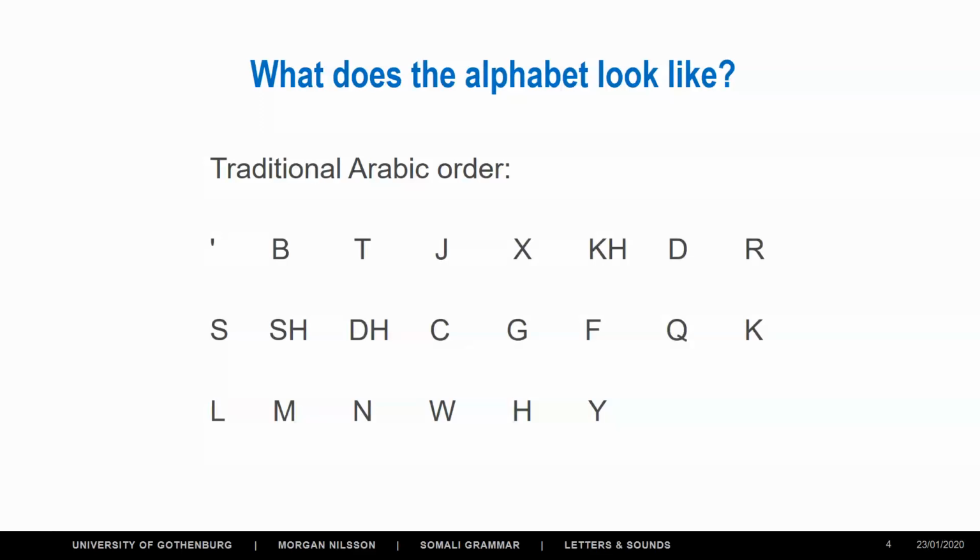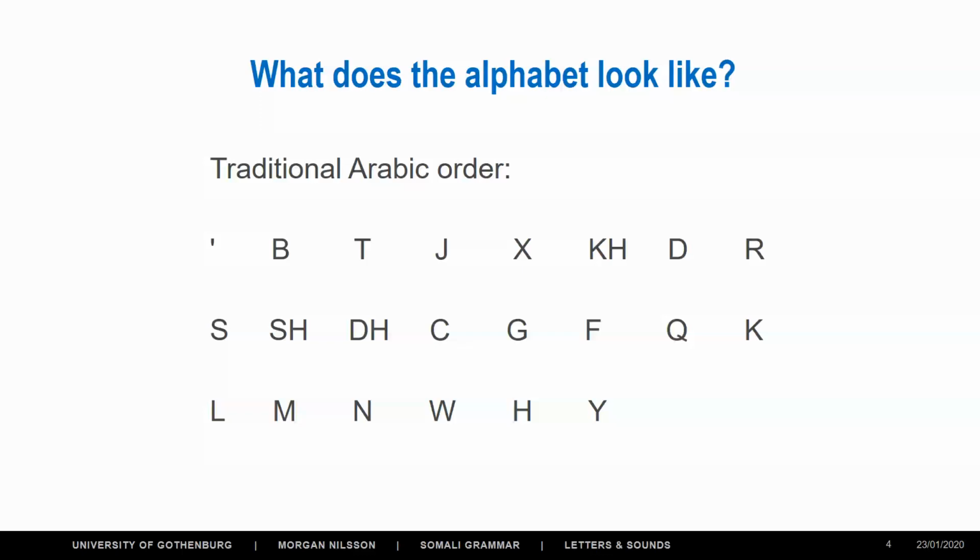This order was introduced when Somali became the official language of Somalia in the early 70s, maybe as a certain compromise when the Latin alphabet was chosen, even though many would have liked to have the Arabic alphabet for Somali. The first sign in this alphabet is something that looks like an apostrophe.